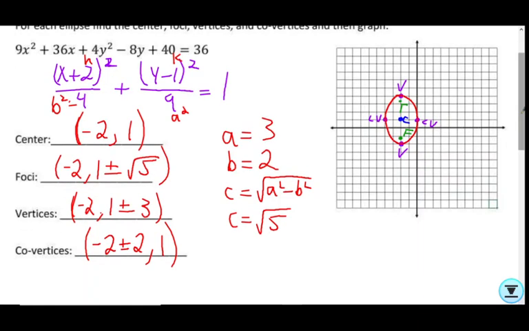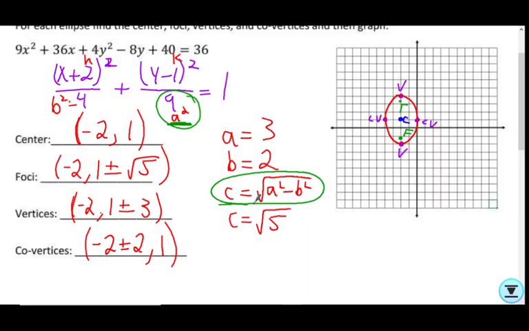One of the hardest things about this is making sure that you are finding whether it's vertical or horizontal. I've seen lots of my students making mistakes because they're using the wrong equations for one or the other. And the other one is making a mistake using the actual Pythagorean theorem instead of using that equation for finding c.